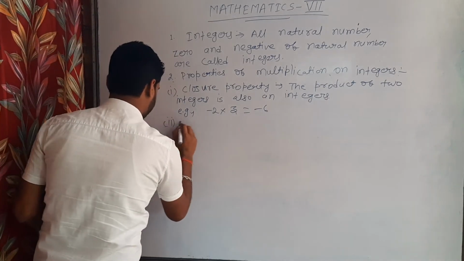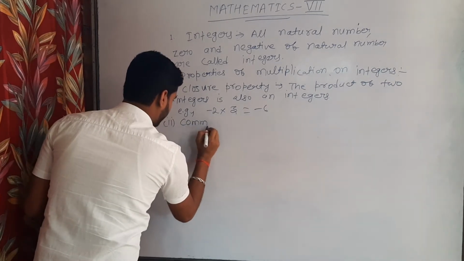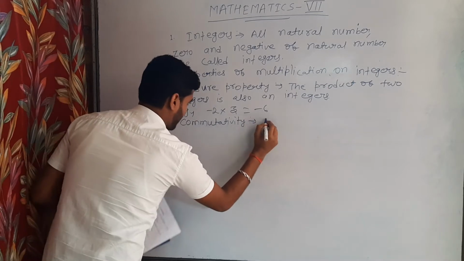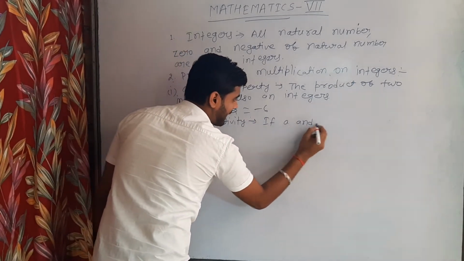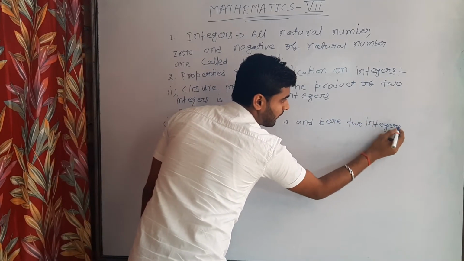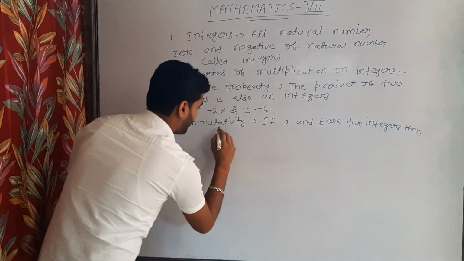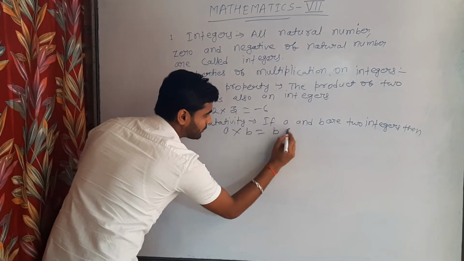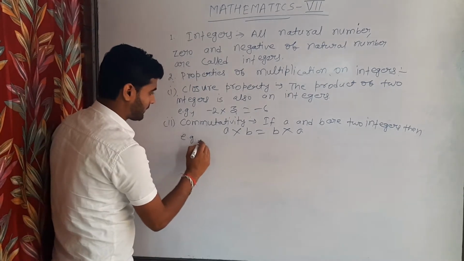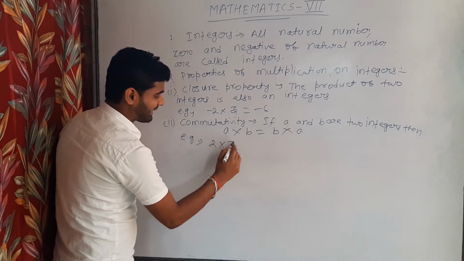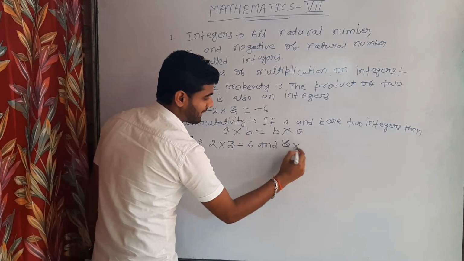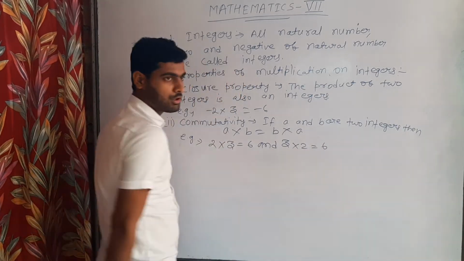Second, commutativity. If A and B are two integers, then A multiply B is equal to B multiply A. As an example, 2 multiply 3 is equal to 6 and 3 multiply 2 is also equal to 6.